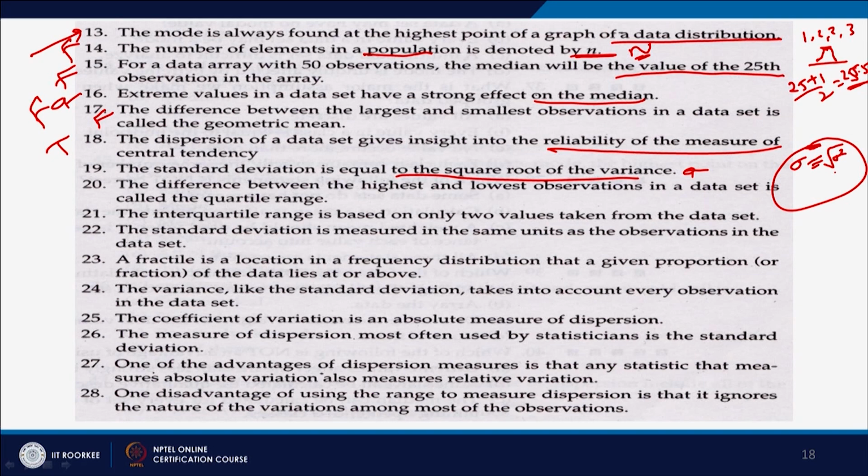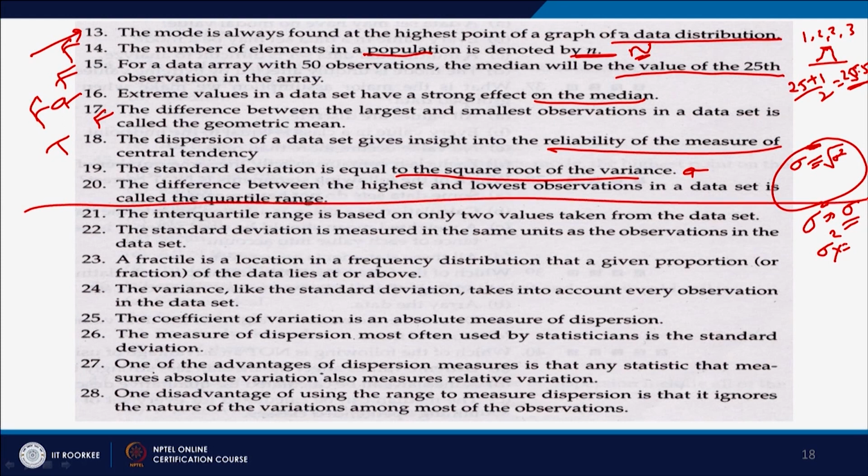Okay. So, if you have the variance, just take the square root of it, it becomes the standard deviation. If you have the standard deviation, just take the square of it, right, it becomes the variance, right. Let us take the last question for today's class.